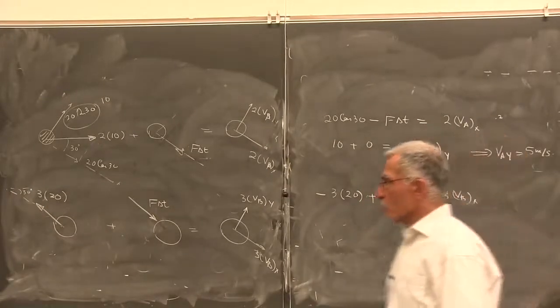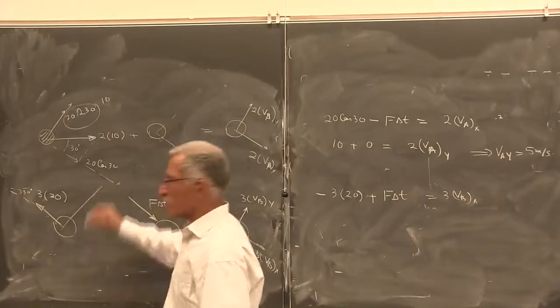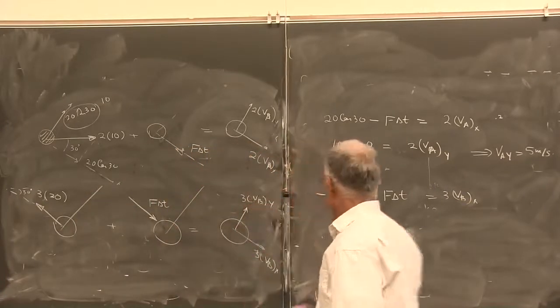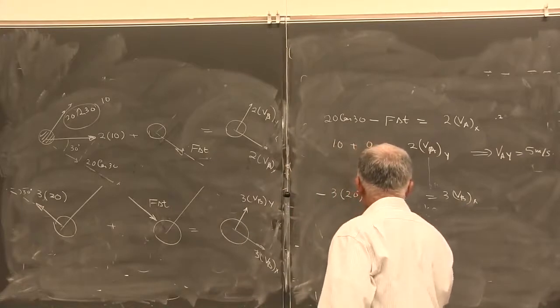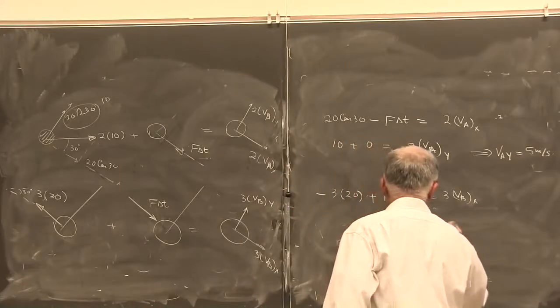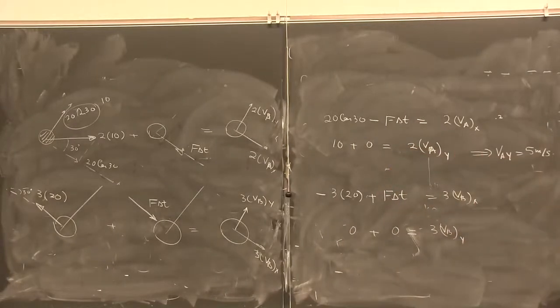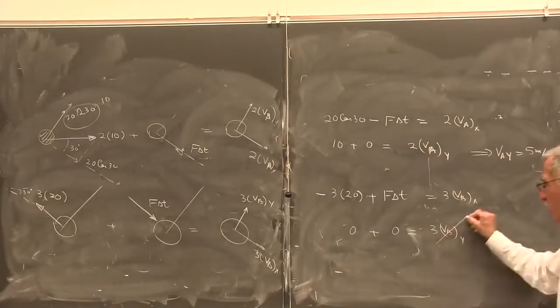In the y direction, you do not have anything for this picture. So 0 plus 0 must be equal to 3VBy. Therefore, you obtain velocity VBy equal to 0.